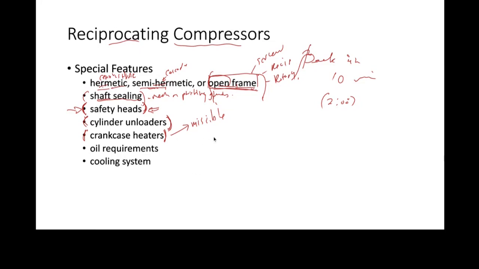And on a startup of the machine, the refrigerant is going to boil in the oil and it's going to make foam. And so what we do is typically in the crankcase, we're going to have a heater. And the heater is going to be on all the time. And the whole idea is with the heat to drive off refrigerant that is absorbed in the oil.